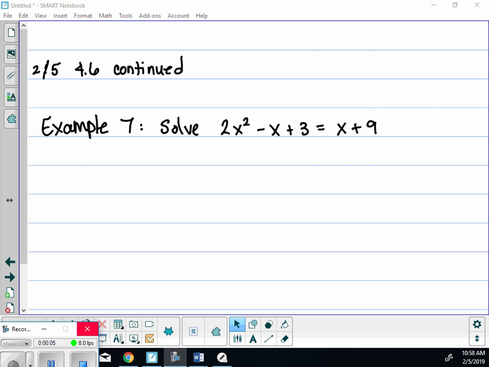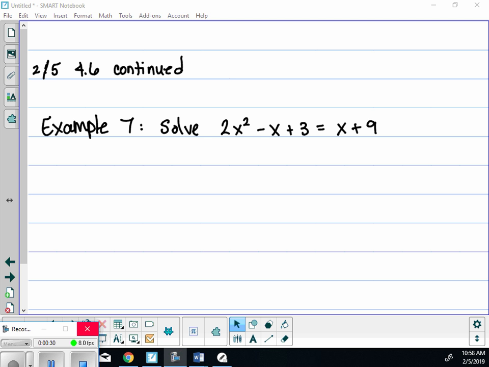Looking at another example of solving a quadratic equation. When you are solving a quadratic equation, typically what you will do is move everything to the left-hand side and just have 0 by itself on the right. Okay.